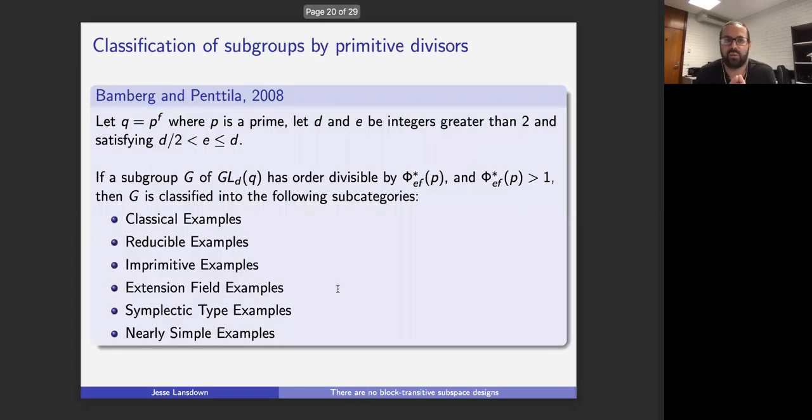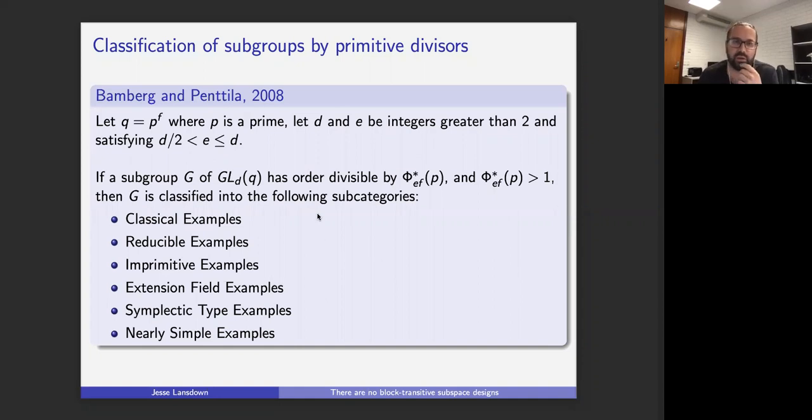And what we then do after that is we can go through this classification. Bamberg and Pentilla have this classification of subgroups of GL that are divisible by some prime divisor, assuming that prime divisor is non-trivial. Essentially this gives you a whole bunch of options.